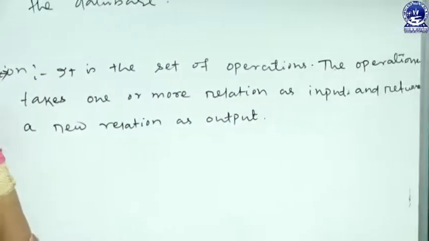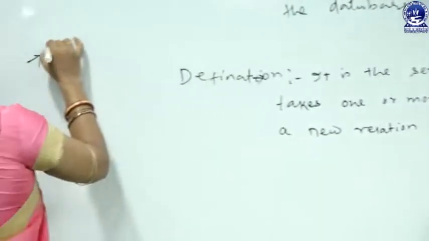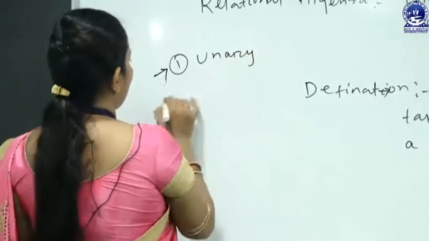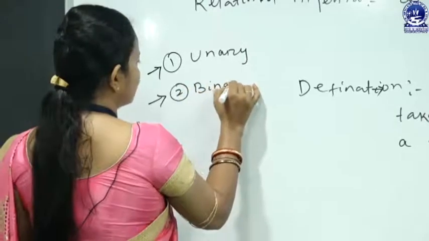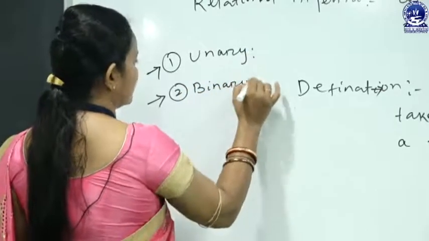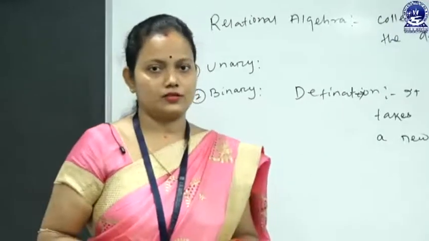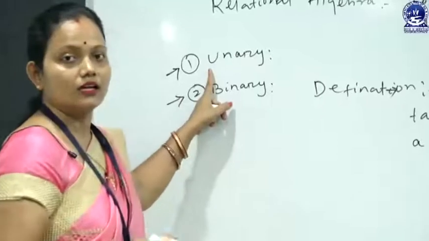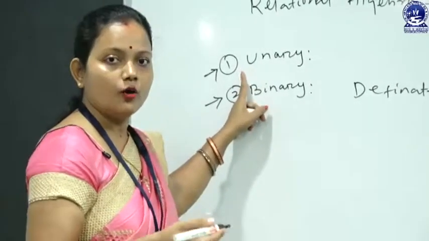And relational algebra is broadly classified into two categories, that is unary and the second one is binary. This classification is based on the number of relations participating in an operation.